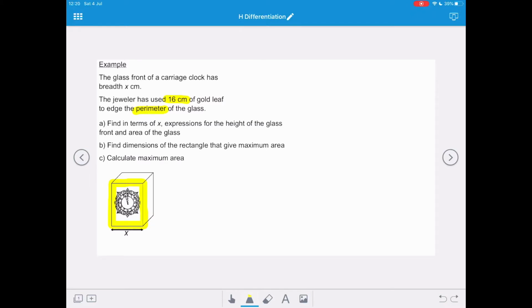We're going to let the height be y, because we know that the breadth is x. Then we can come up with an expression for the perimeter, because we know that P equals 2 multiplied by x plus y, and that's going to equal 16.